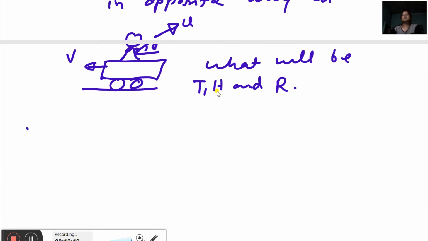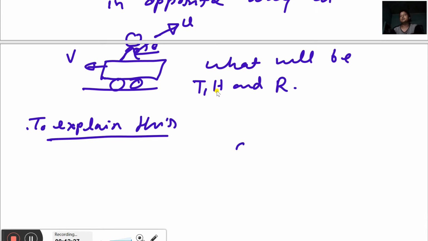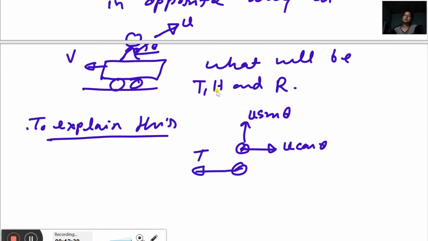To explain this, first of all we have to break components. U cos theta and u sin theta are the speeds with respect to trolley, and the speed of trolley is in this direction, v.